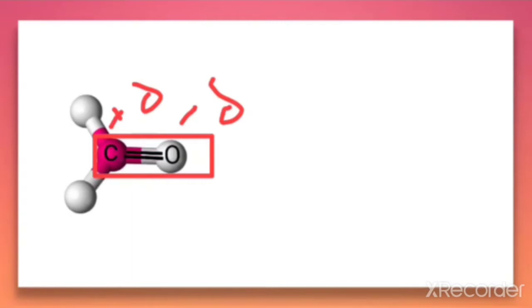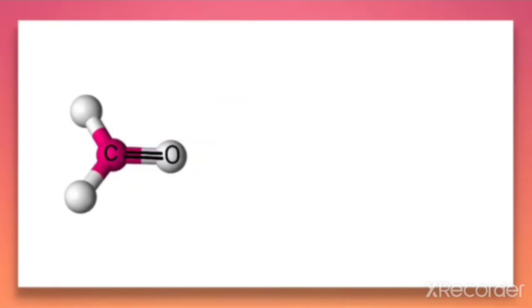So, the greater the polarity of this group, the greater will be the reactivity of the molecules towards nucleophilic addition reaction. Now, let us consider a nucleophile. A nucleophile is negatively charged, an electron rich species.